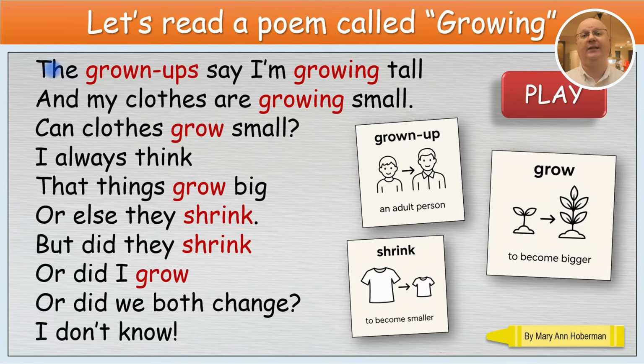Next is a reading section. Start with a wonderful poem for children by Mary Ann Hoberman called Growing. Read it to the children, or see the play button in the top right corner? Click it and you'll hear me read it. Explain the difficult words like grown up, grow, or shrink.